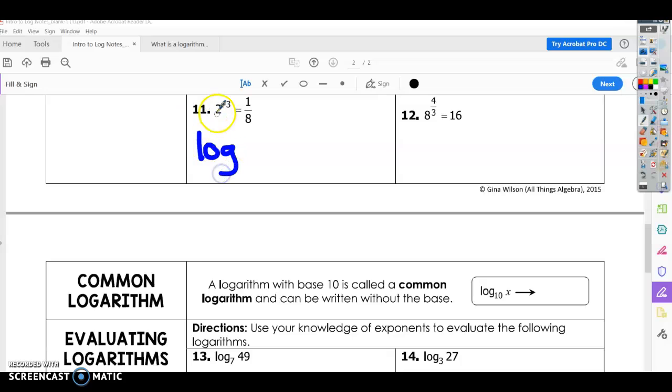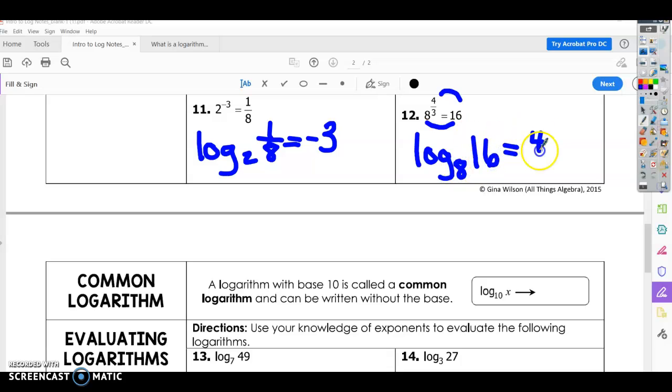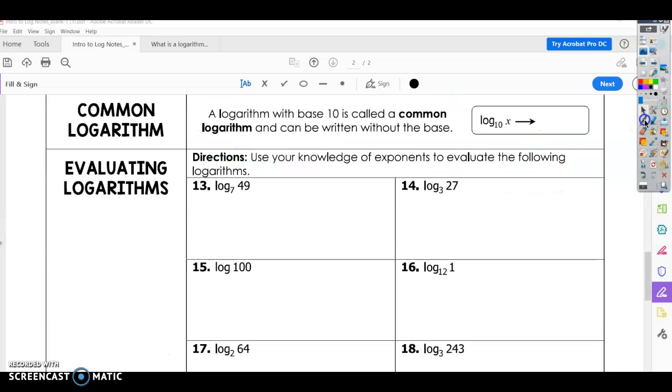Log base 2 of 1/8 equals -3. And the last example, again going from base to this number back: log base 8 of 16 equals 4/3. If you remember that pattern, you can see how this works. Make sure you've got these down, and then we're going to move on to base 10.